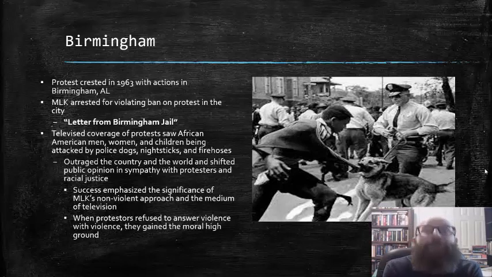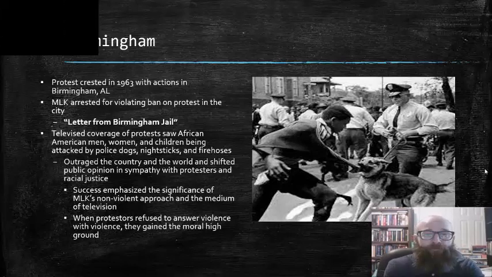The success emphasized the significance of MLK's nonviolent approach and the medium of television in communicating the dichotomy between the violence of the authorities on one hand and the stoic nonviolence of the protesters on the other. When protesters refused to answer violence with violence, they gained the moral high ground.